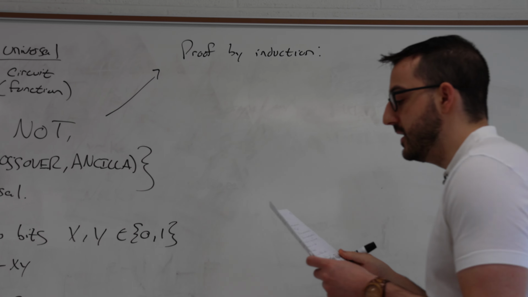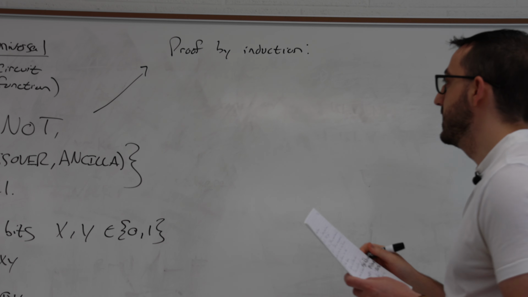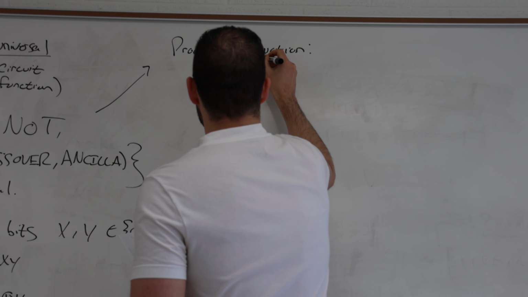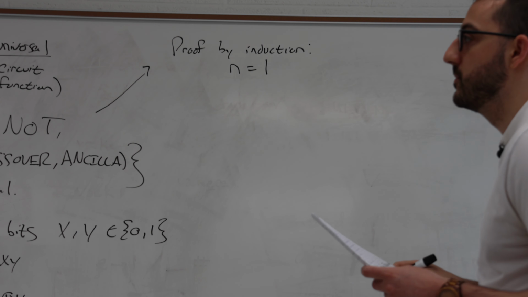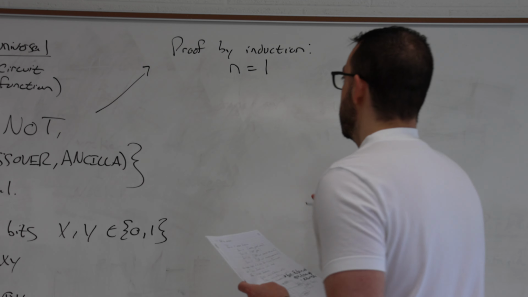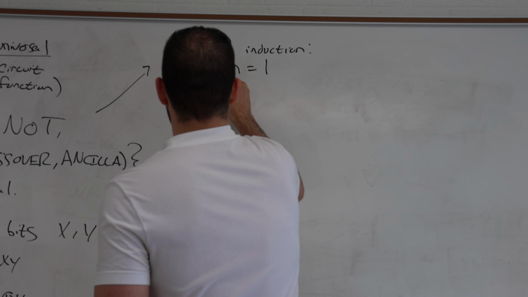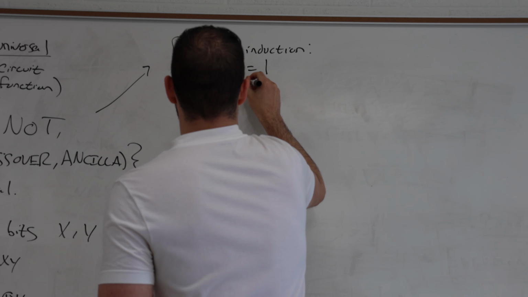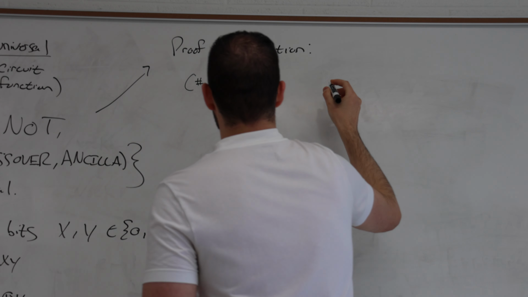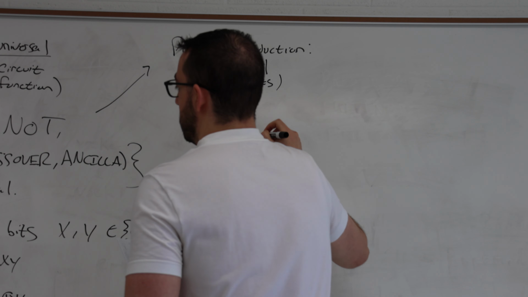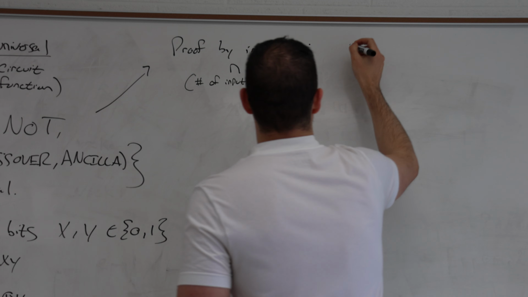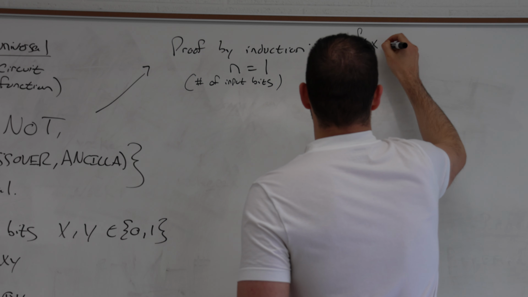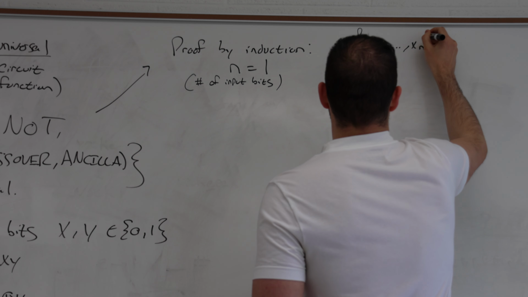In order to prove it inductively, we have to consider the base case, which is n equal to 1, n being the number of input bits. I'm thinking of this as a function f of x1 through xn.